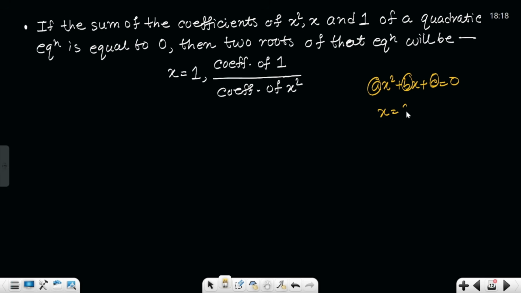That means x equal to 1 and the other is c by a. You will remember this directly. Note this carefully. This is very useful. Clear? Now let's go for the next question where we will use this concept.